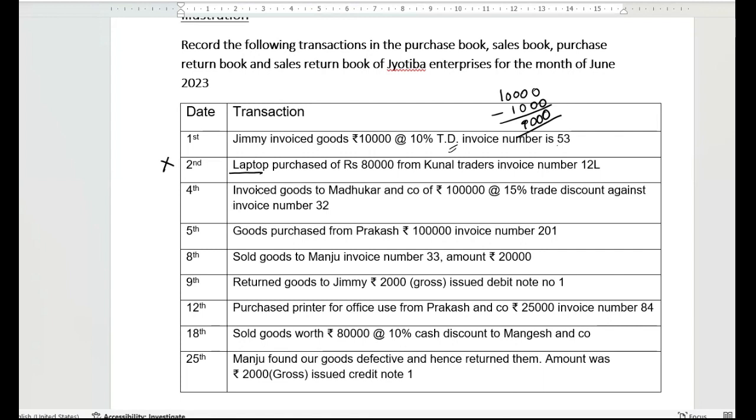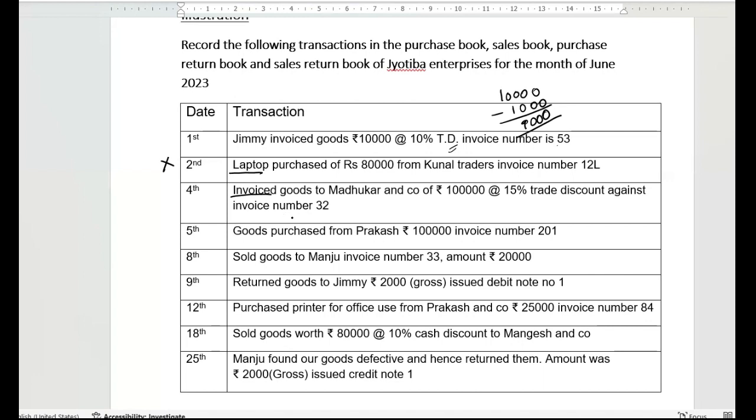On 4th, invoiced goods to Madhukar and Company of 1 lakh at 15% trade discount. Now, very important to remember, we are saying invoiced goods. When I say invoiced goods, what is the meaning? Invoiced means Jyotiba Enterprises is raising an invoice, and basically it relates to sales.